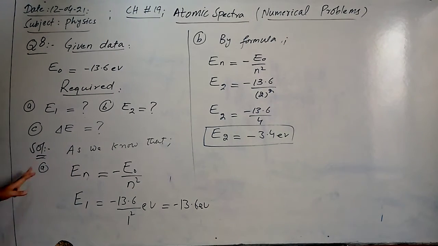Similarly, for section C, we want to calculate delta E, the energy when an electron jumps from the first orbit to the second orbit.